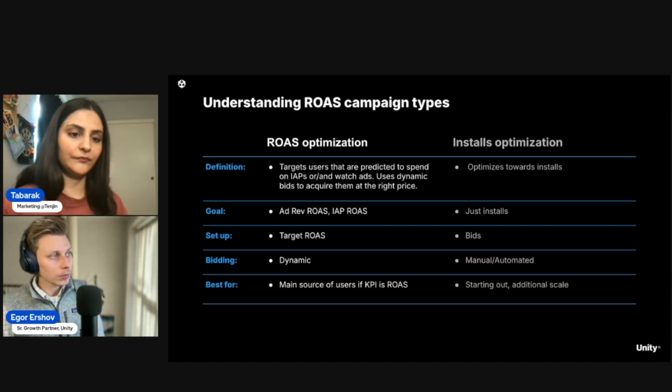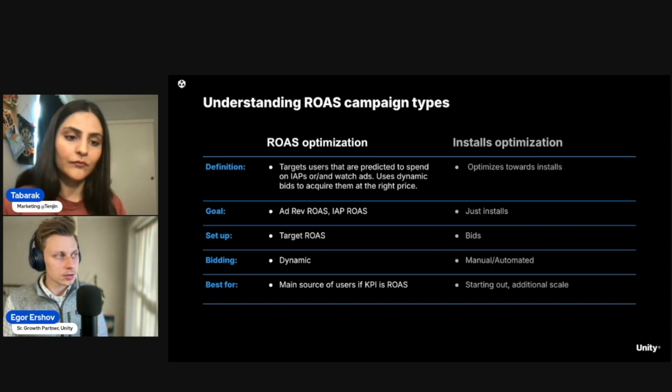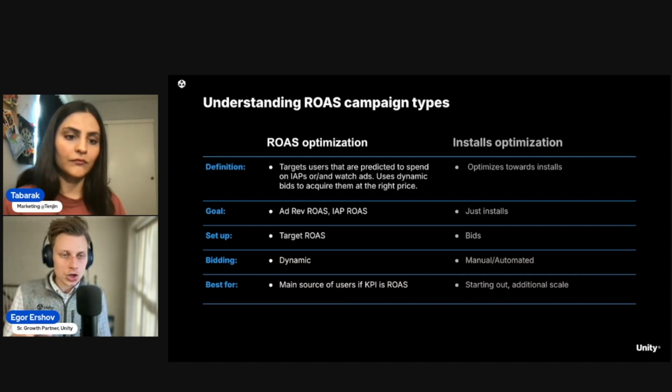Yes, so if we look at all the ROAS campaigns variations, so ad revenue ROAS campaign optimized towards the 7 day, IAP ROAS campaigns optimized towards the 7 day, ad revenue ROAS campaigns optimized towards the 0, and hybrid ROAS campaigns optimized towards the 7. They have slightly different eligibility criteria, and they're different for each of those campaign types by the fact in which cohort we actually need to have the data.